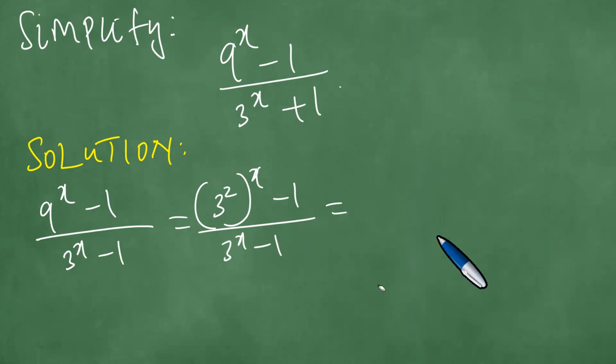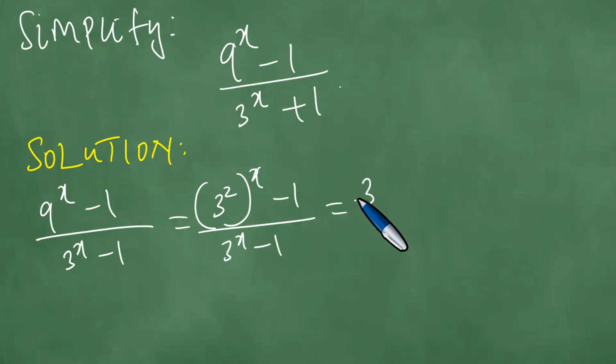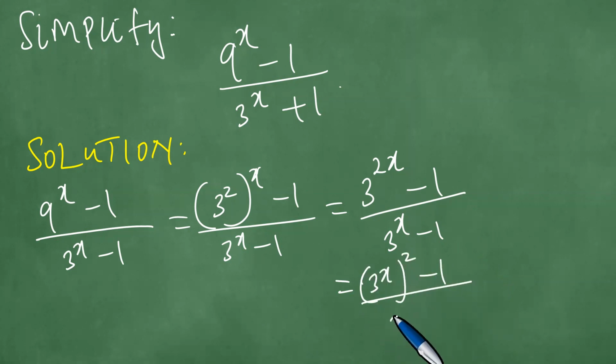Okay, I'm saying effectively here, this one is 3 to the power 2x minus 1 divided by 3 to the power x minus 1. What's the answer? What do we do here? So this one can be written as 3 to the power x squared minus 1 divided by 3 to the power x minus 1.